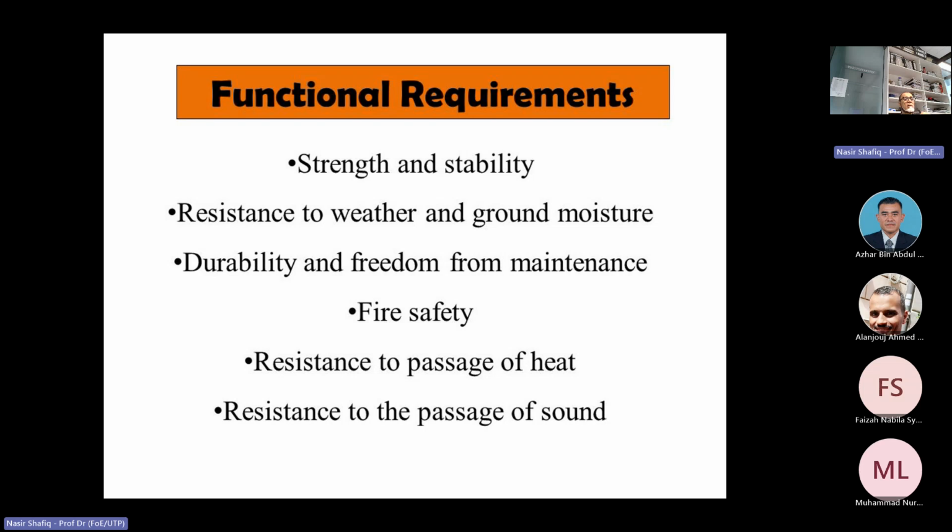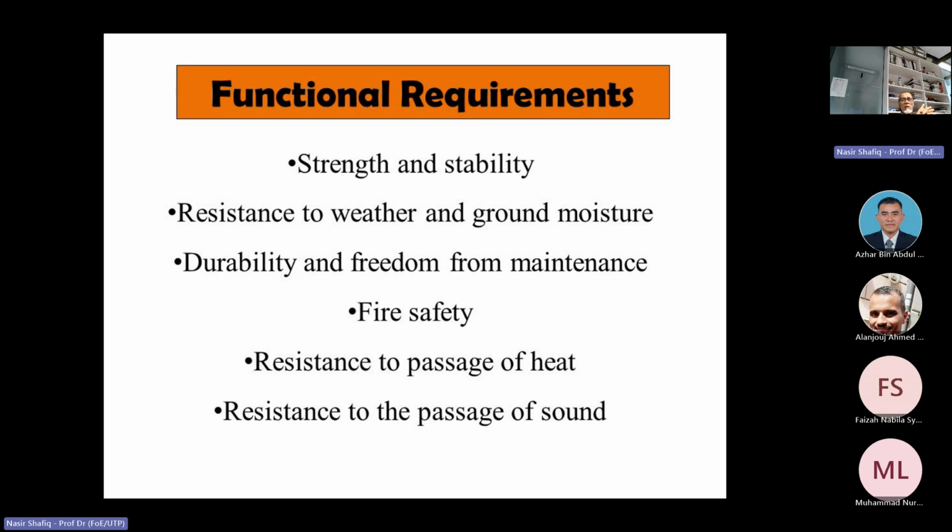So that is the resistance to the weather, strength and stability, right? Which can comply. Durability. So again, as we say, one of the reasons for strength loss is the durability effect. Corrosion is a durability effect, right?